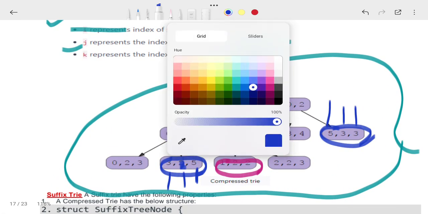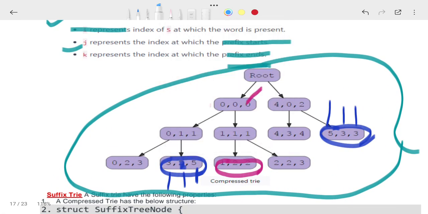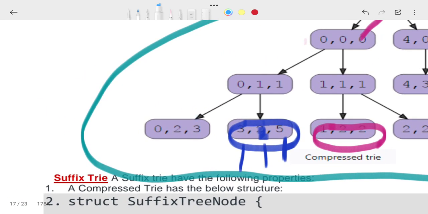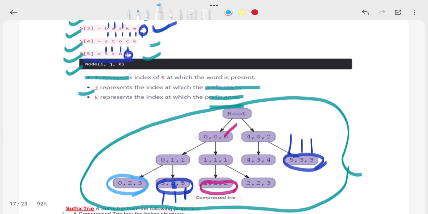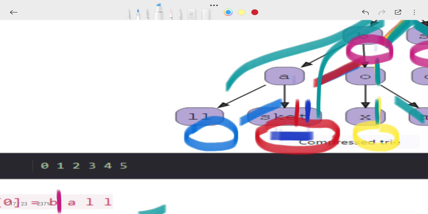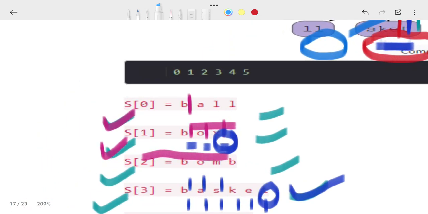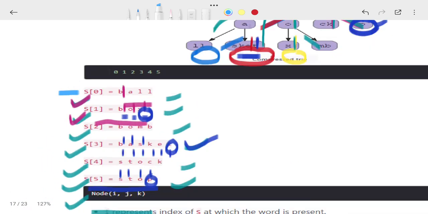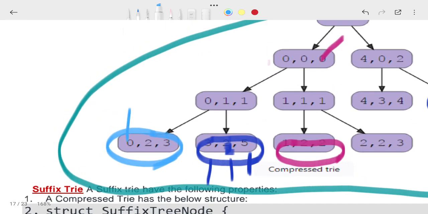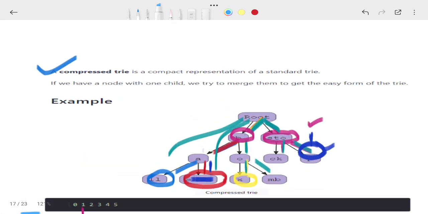If again you are not able to understand, again I will show the last one, and I am writing this one. This is a very good example. 0, 2, 3. So what is the meaning of this? I have to search BALL. Where is the ball present? Ball is present at 0, so I have written here 0. Now second, what am I searching?